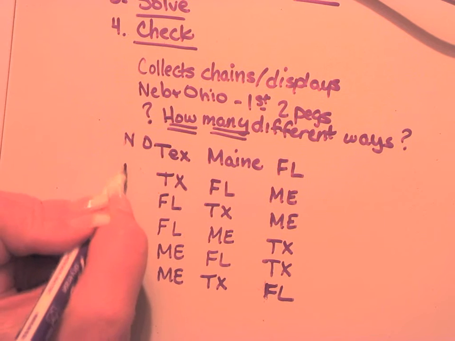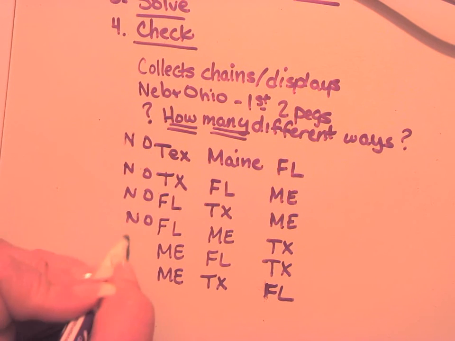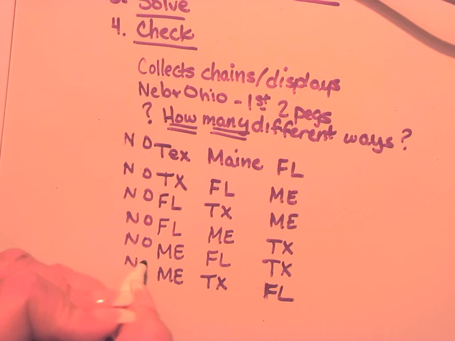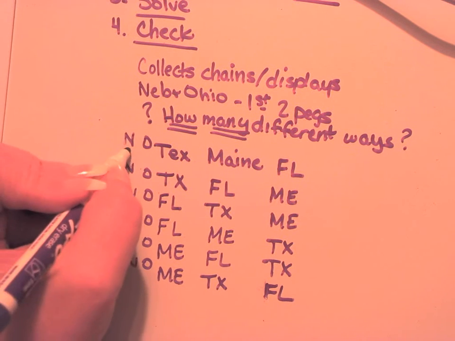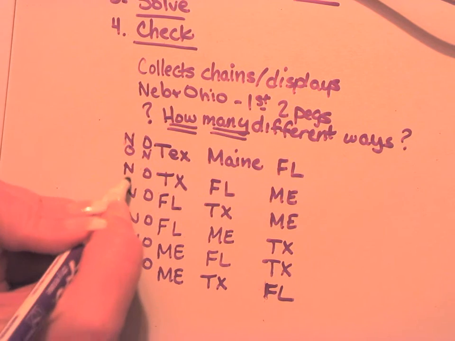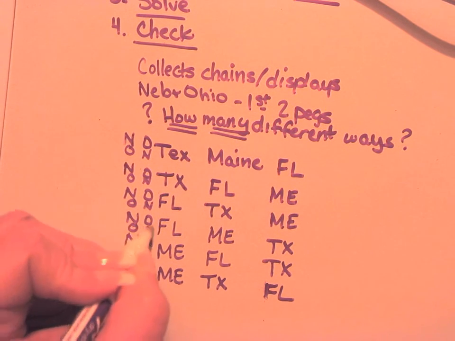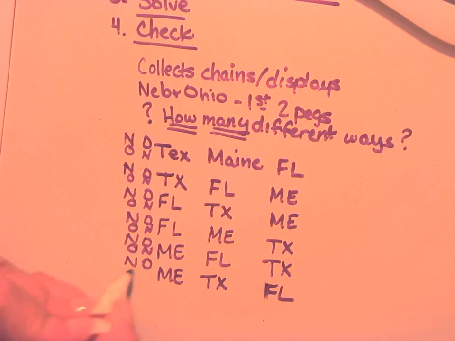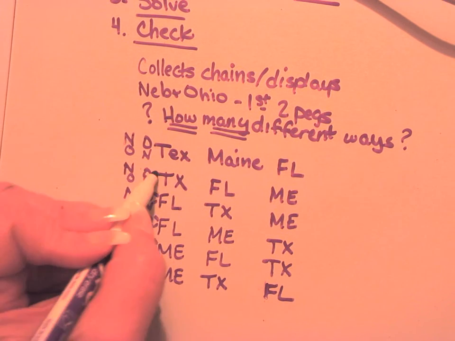But what if we switch these two? Then we'd have Ohio, Nebraska for each of the six arrangements. Same thing with these, but we just flip-flop the first 2.